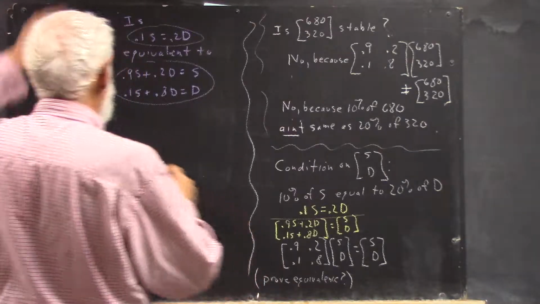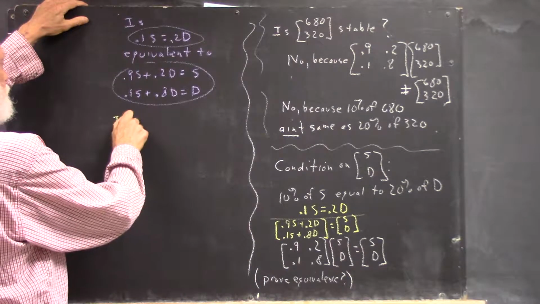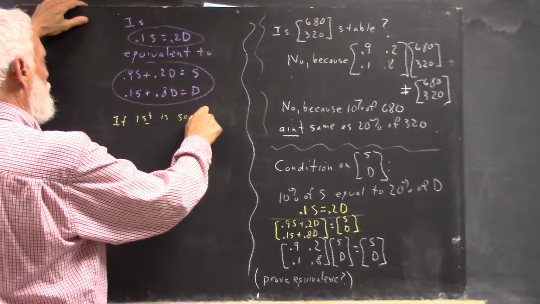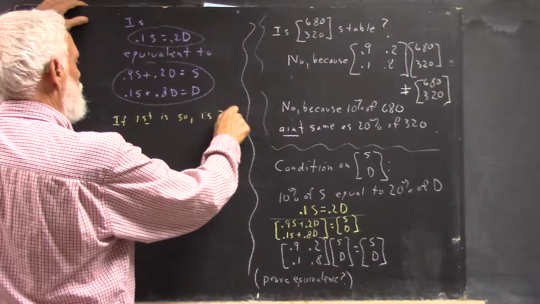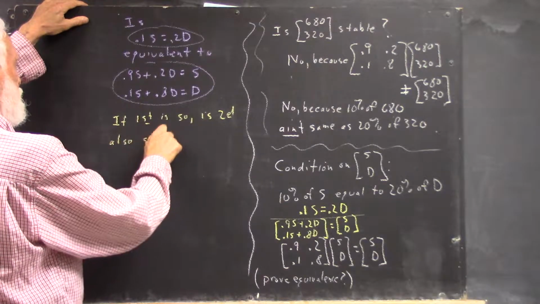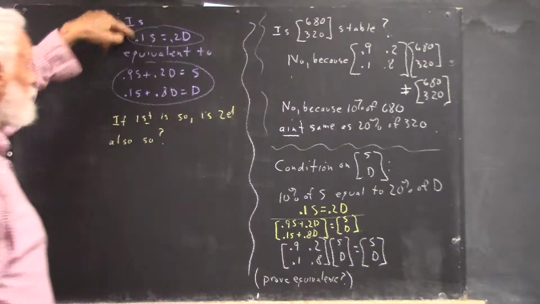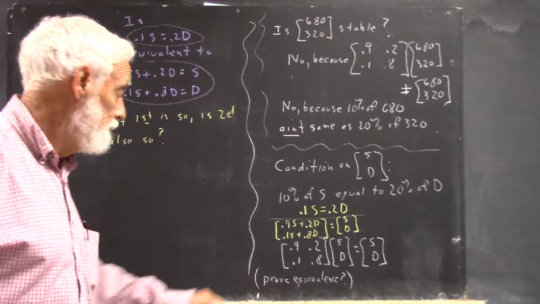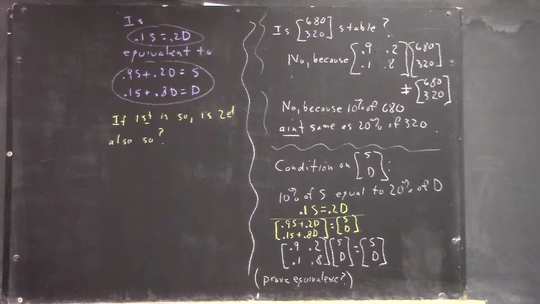Okay, so if this is so, is this also so? Because this is two equations, right? Okay? So see, I'm just going to give you about a minute to at least get a start on this. If I see nobody's making any kind of a start, I'll give you a further hint.